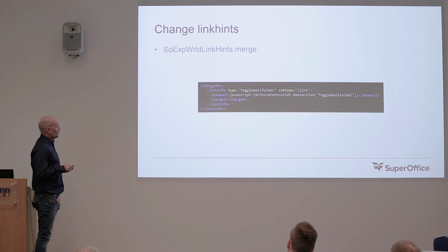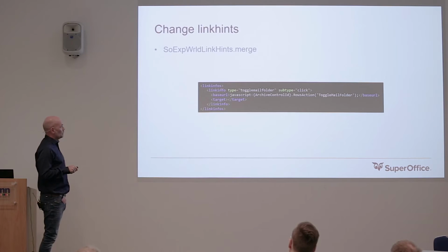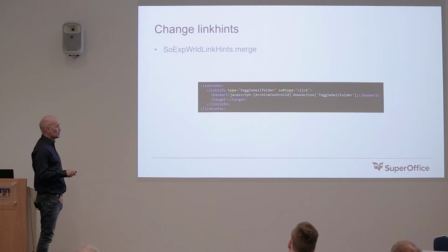Link info, link info, and then you find the type of the row you're interested in and what subtype, like this is click, and you also have double click, and then you put your code in here. If you wanted to do something else, you can override it here.